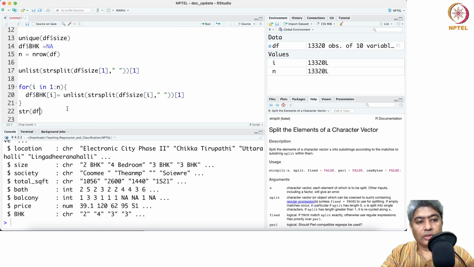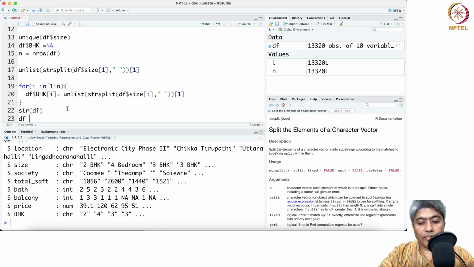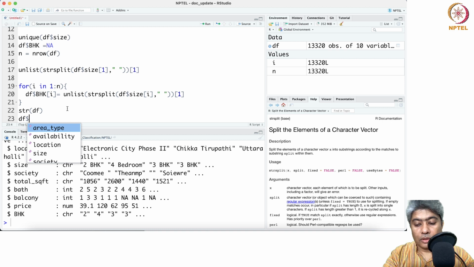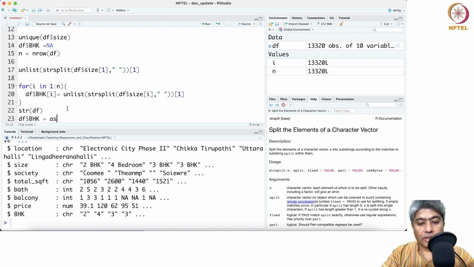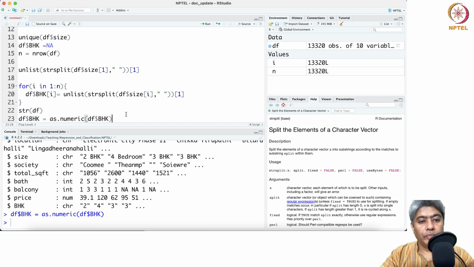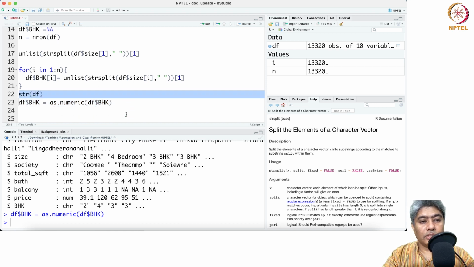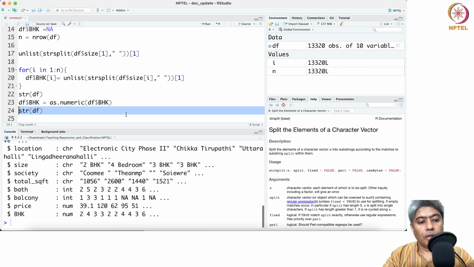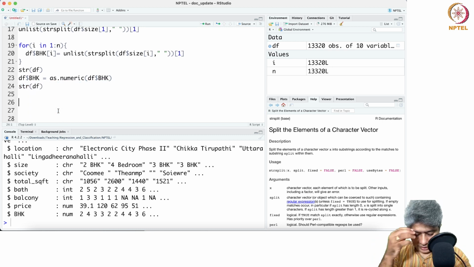So now I'm going to set df dollar BHK as as.numeric of df dollar BHK. No problem. Now if I run this, you can see BHK is numeric. All right.